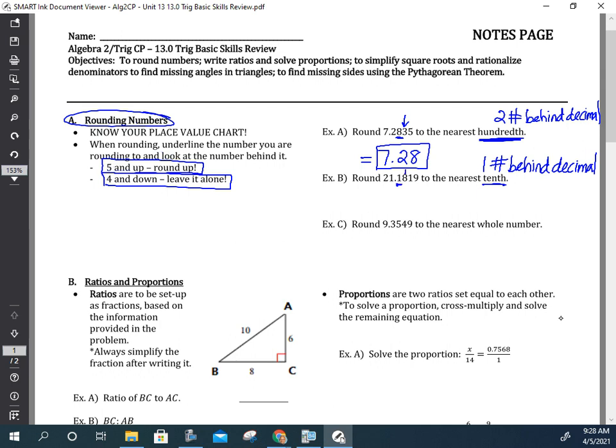You have an 8 sitting behind it. 8 is in the 5 and up category, so you round up. That 1 becomes a 2. 21.2. All the other numbers after that fall off.